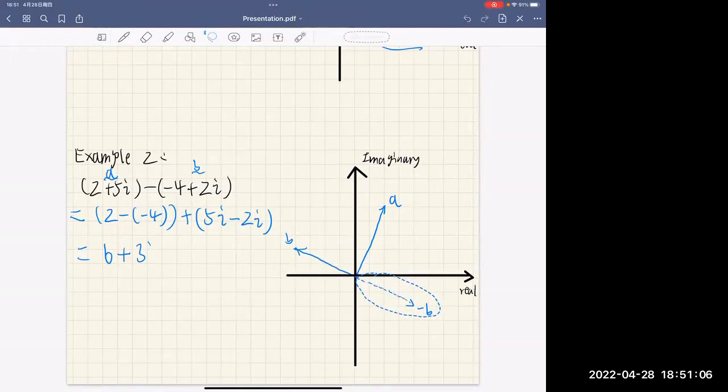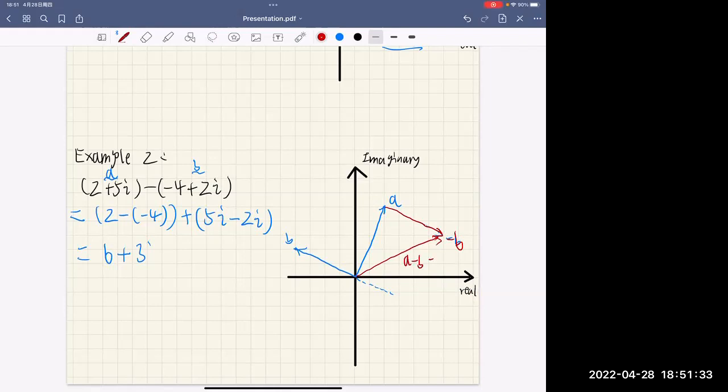Sorry, I will just use another color. So I will use red color for this. Okay. So our answer for A minus B should be here.